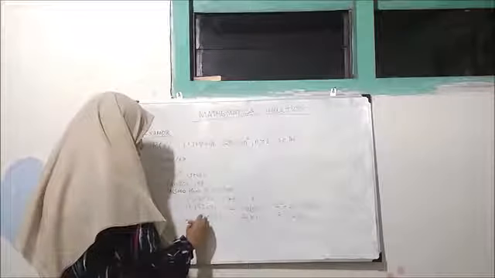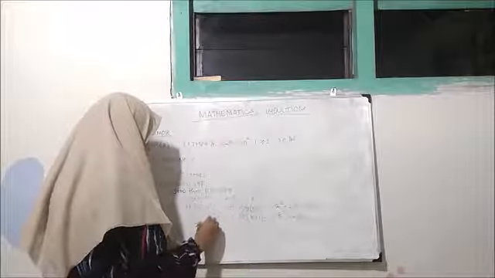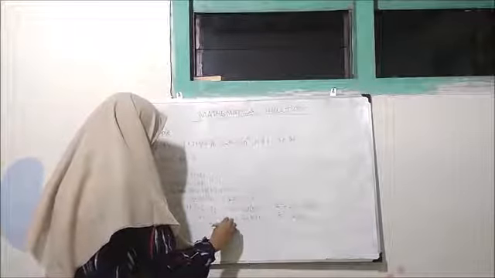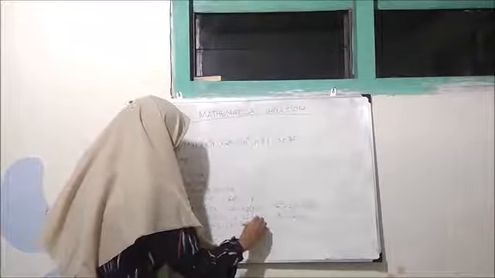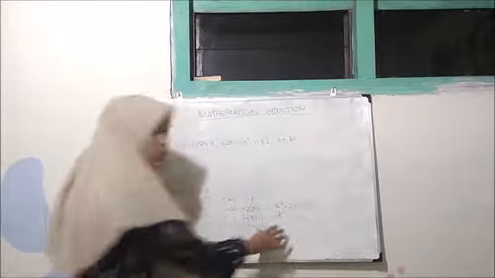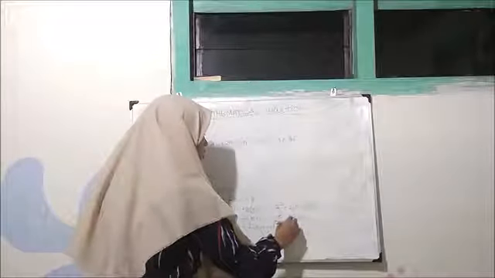Then 1 plus 3 plus 5 plus 7 and so on until 2k plus 1 minus 1 is equal to, look at this, k plus 1 squared.